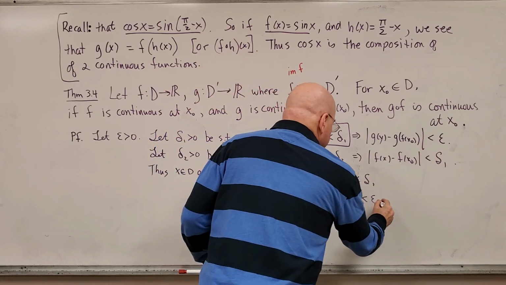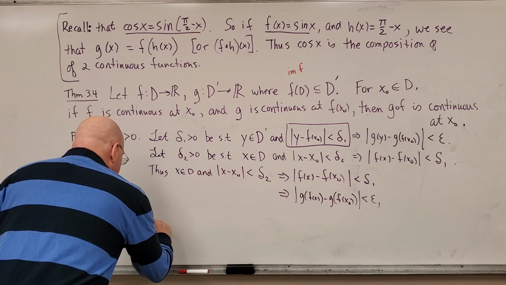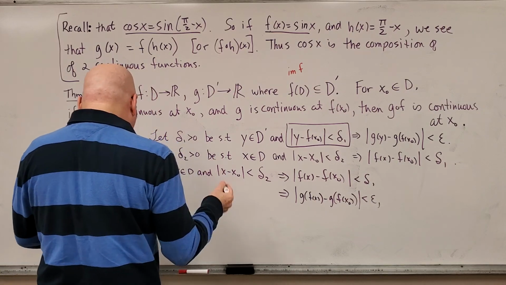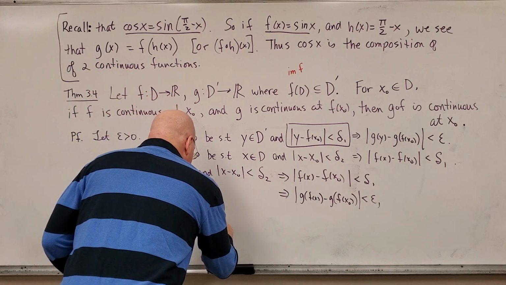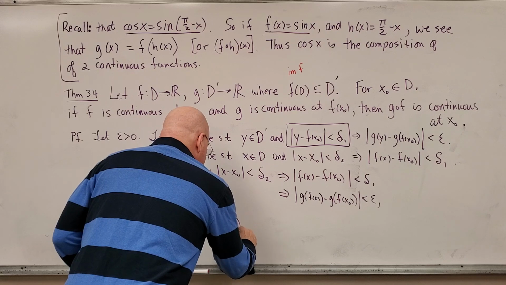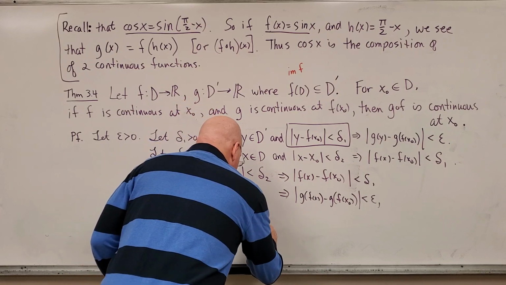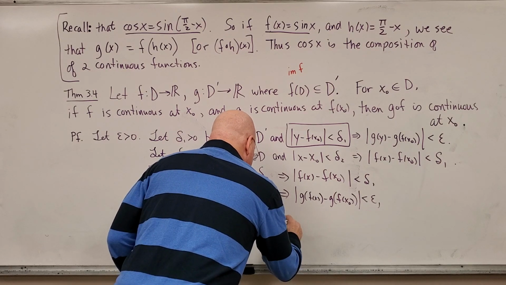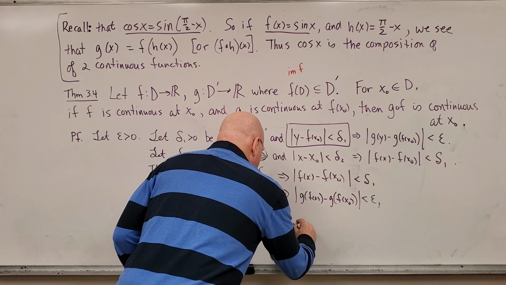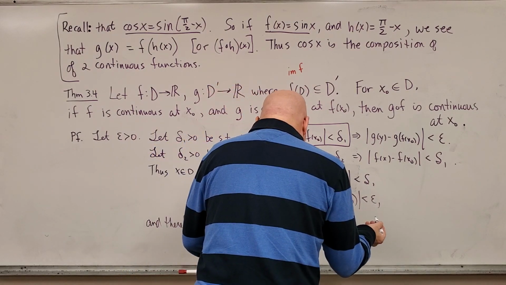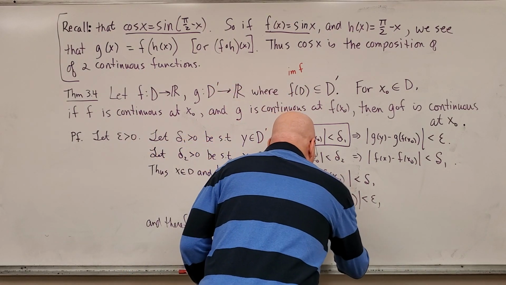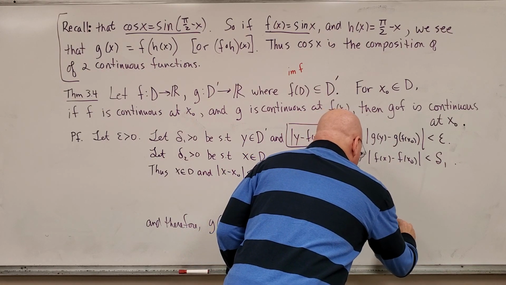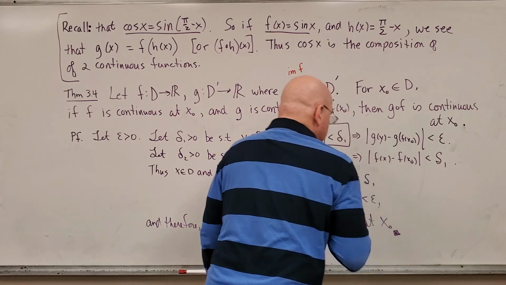And therefore, g composed with f, g of f of x, i.e. g composed with f of x, is continuous at x naught. And that's the end of the proof.